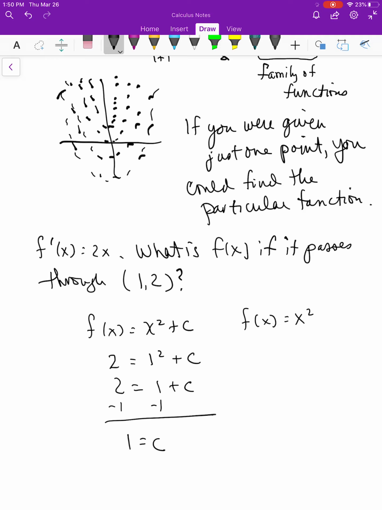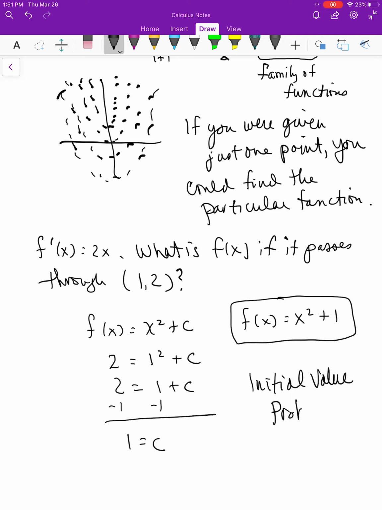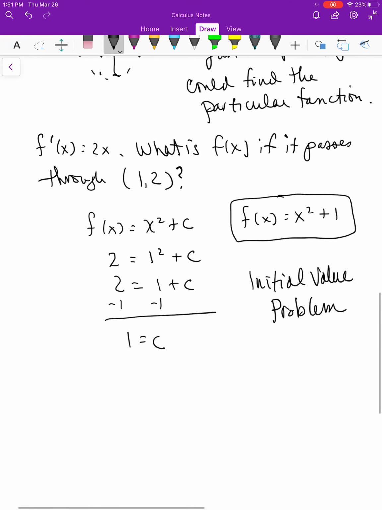So 2 equals 1 plus c, and I would have solved for c. My c is 1. Here is my particular function based on that given point. This is called an initial value problem. Okay, and when you're given a derivative and a point, you can always find the particular function.